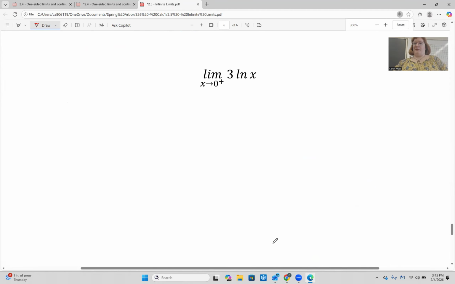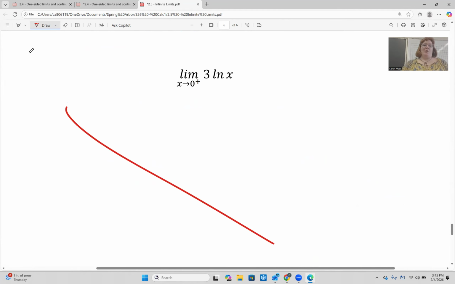Something important for us to note. Limit as x goes to 0 from the right of 3 natural log of x. Ooh, yikes. What does the graph of the natural log of x look like?